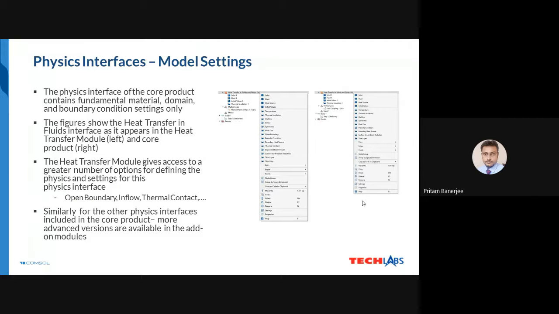Whether it is a solid model, a thin layer model, or a fluid, whatever type of model we are trying to create could also be incorporated. And it could be an open boundary, inflow, or thermal contact, whatever we want to incorporate in the heat transfer.